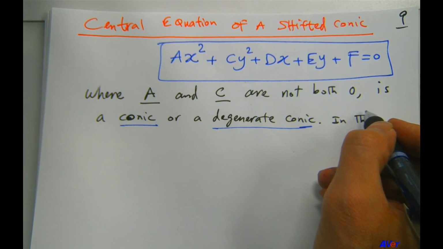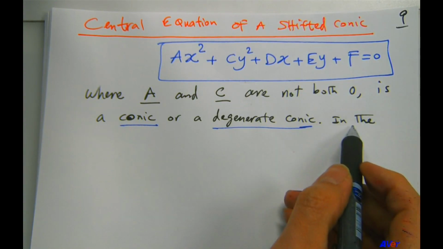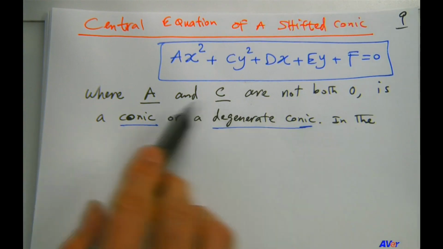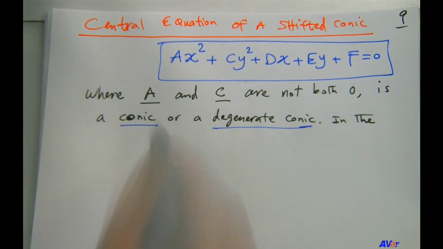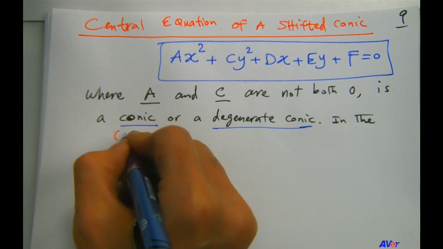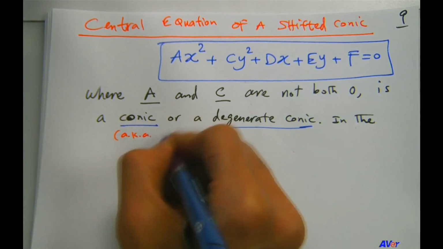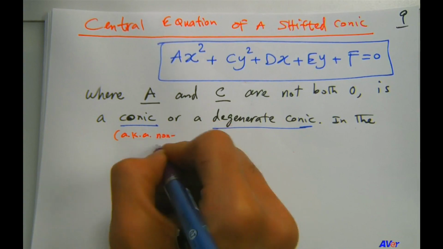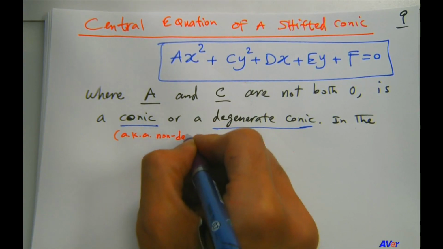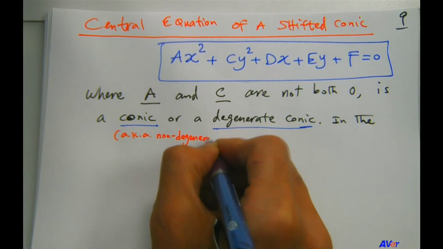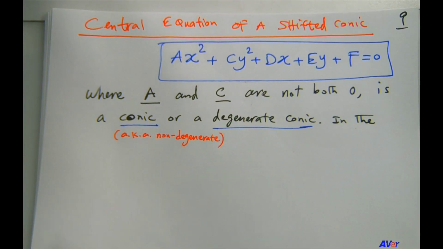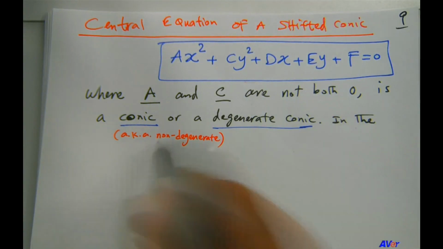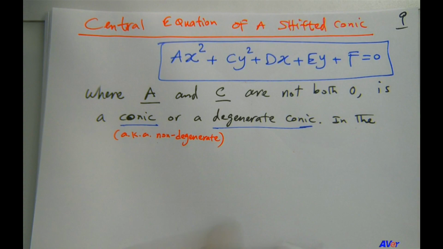The non-degenerate conic, AKA non-degenerate. I'm trying to use the same terminology that your book uses, so when you read this and you read the textbook, they match.